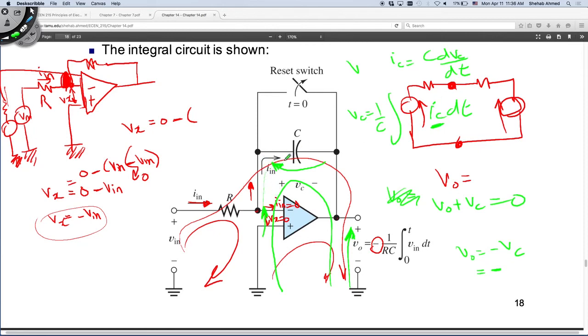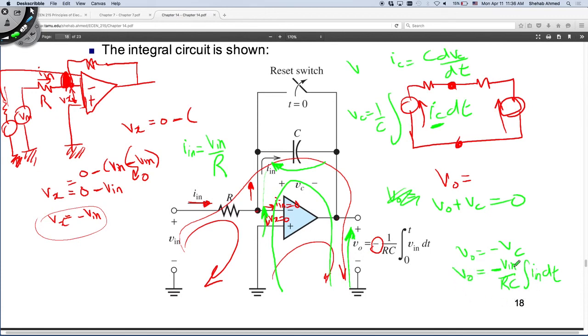This IC is the same as I input. I input is equal to V input over R. So I replace this inside this integral, I put V input over R. So V output is equal to minus 1 over RC integration of V input dt.